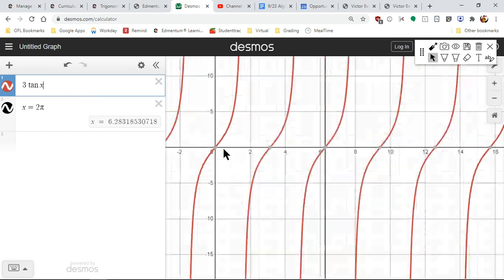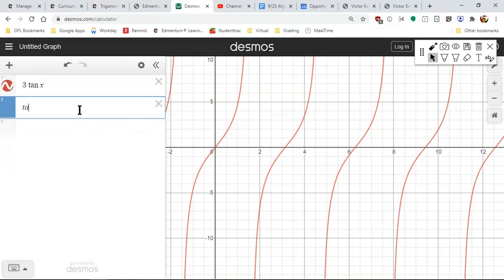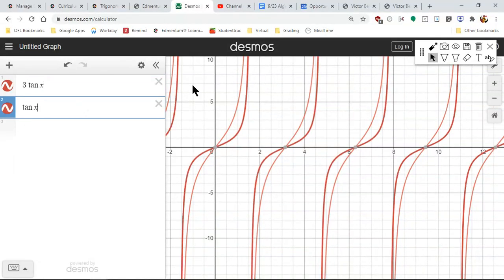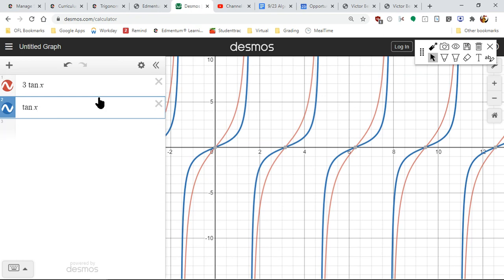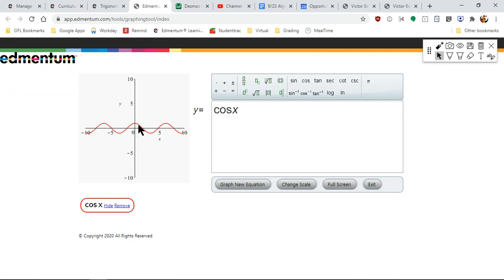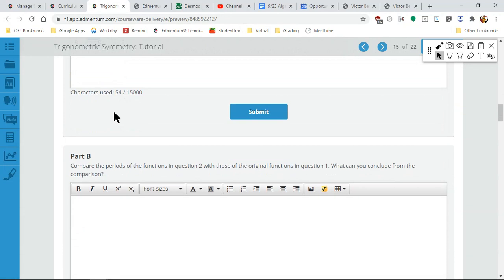If we look at it, it just looks like it curves more. Let's look at a regular tangent of x. Yep, it just curves a lot more. Why is this? They couldn't have picked a better color. There we go. So it's steeper because the amplitude is steeper. I'll go more over amplitude, or I'm sure Edmonton will go over it.